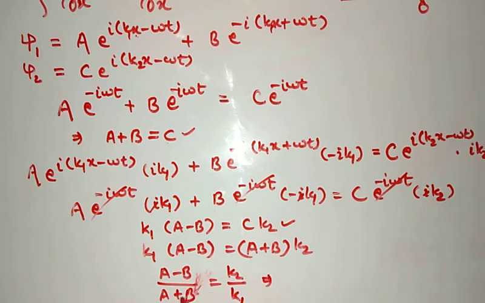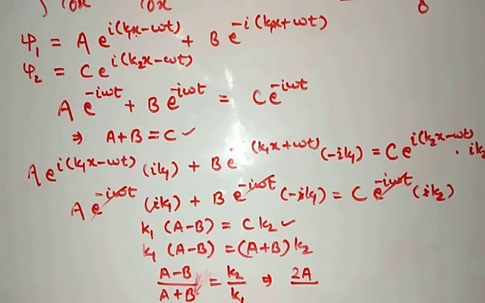Applying componendo and dividendo rule here, if we add, we will get 2A for addition, and here you will get A minus B plus A plus B.